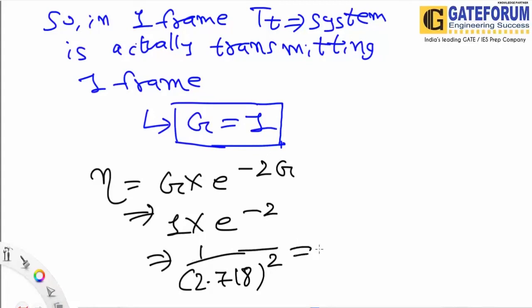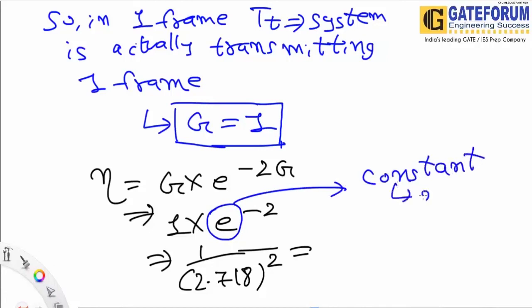Now if you calculate this, you will get a value of around 0.135. So this is the efficiency, or you can say 13.5 in terms of percentage, but the efficiency is 0.135.